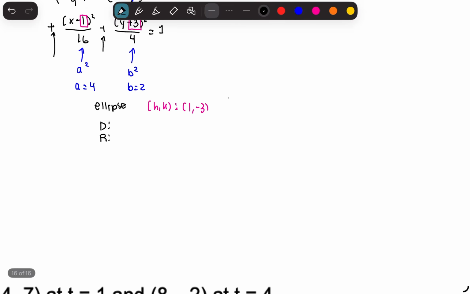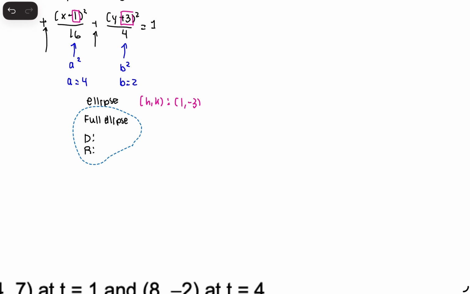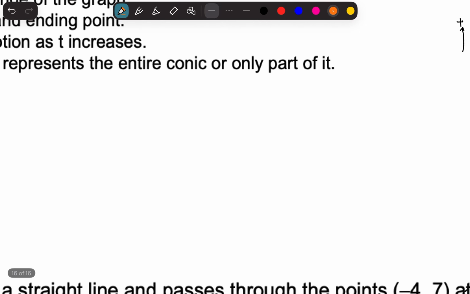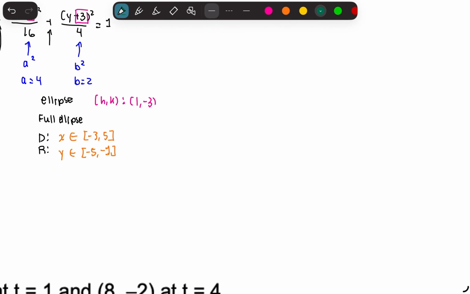So that means that a full ellipse would have the domain and range of the following. x is the set of -3 to 5. Y is the set of -5 to -1. However, in this problem, we're given a domain restriction, and because of that, we must respect it.